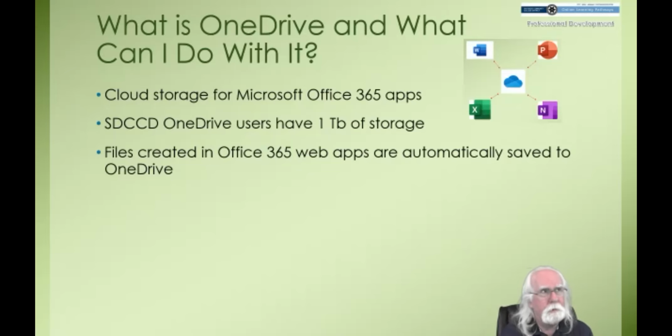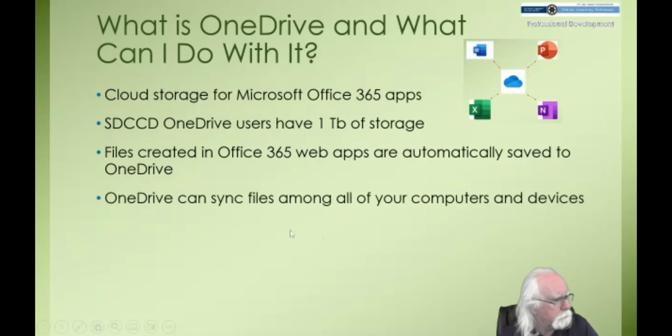Actually, with our OneDrive for business and work, which we have access to, I think you get 90 some days of leeway. If you delete a file from your OneDrive, you can get it back from the trash folder, or the recycle bin they call it, within 90 days. So it's a really reliable place to put your files.